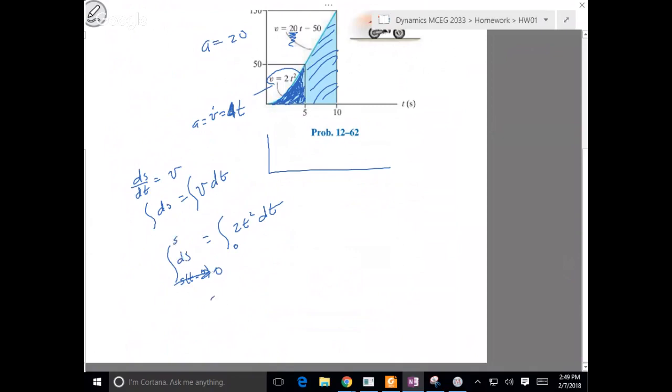So s is equal to, let's just say in this between 0 and 5. What is that? T to the third? No, wait a minute. Is that right? So it looks like it goes like that, I guess.